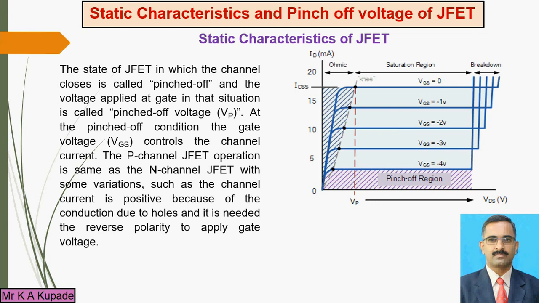At that time, the current becomes zero. There is a linear increase in the current from 0 up to a certain position, and at one position there is a voltage due to which there is no flow of current.